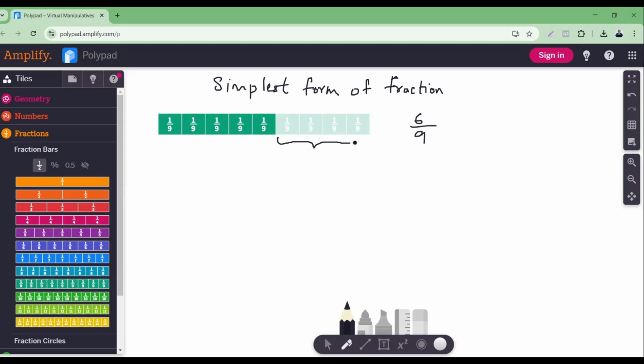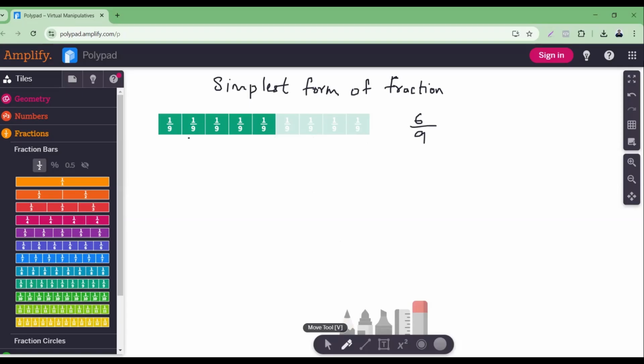Then again I have to take four pieces as a group, and one piece will be left behind. So that I can't do. What if I try two? I can take two pieces as one group, but then also one piece will be left. So I will not be able to group in this case.